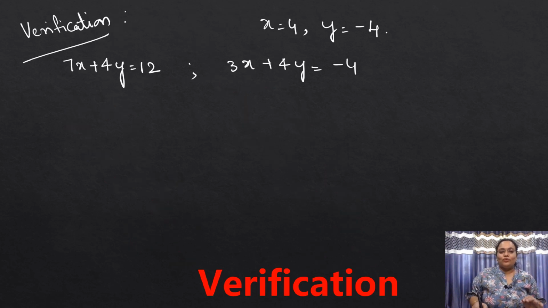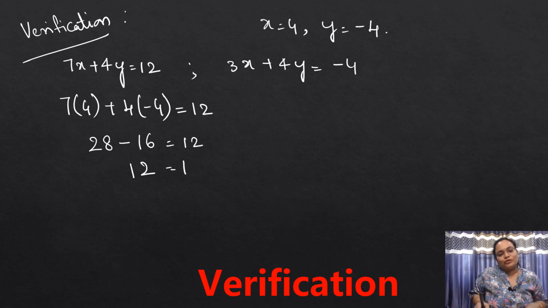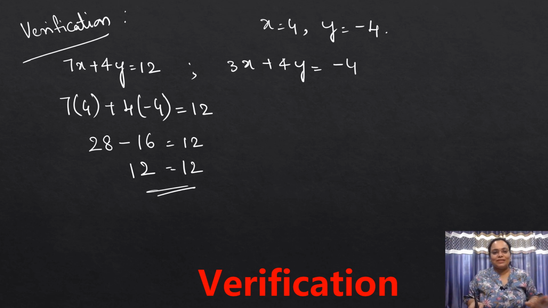So we know how to do the verification, right? If you just substitute the values of x and y, the equation should be satisfied on both sides. 28 minus 16 is equal to 12, which is 12 is equal to 12. So the equation is satisfied on both sides.